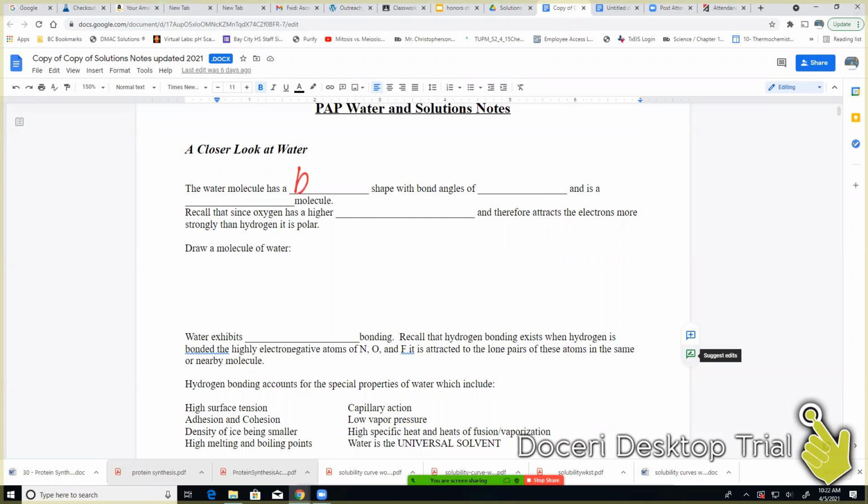A water molecule has a bent shape with bond angles of 104 degrees. And remember that the higher electronegativity of the oxygen pulls the electrons toward it, and that's what makes it have the negative side.